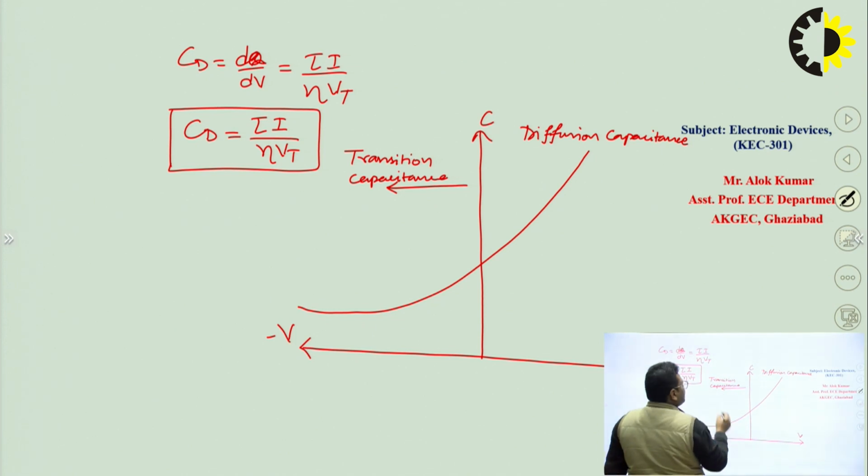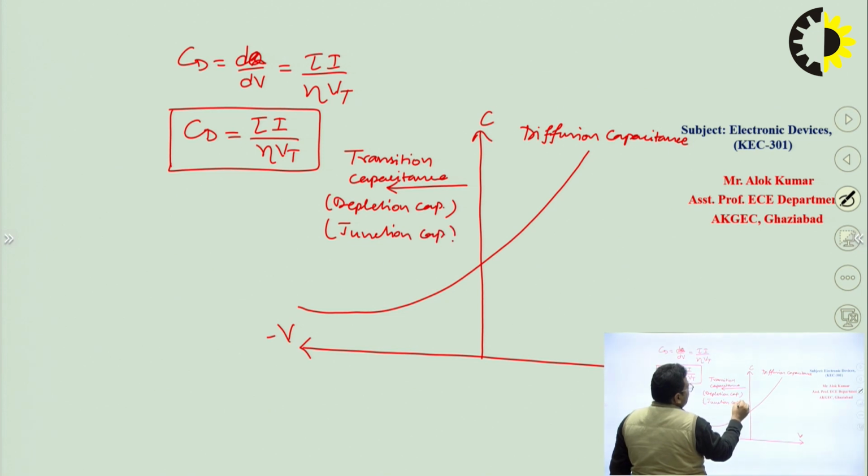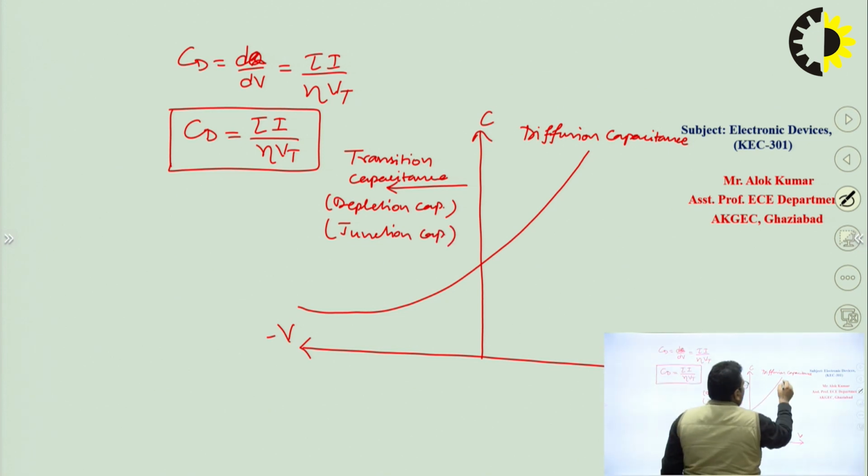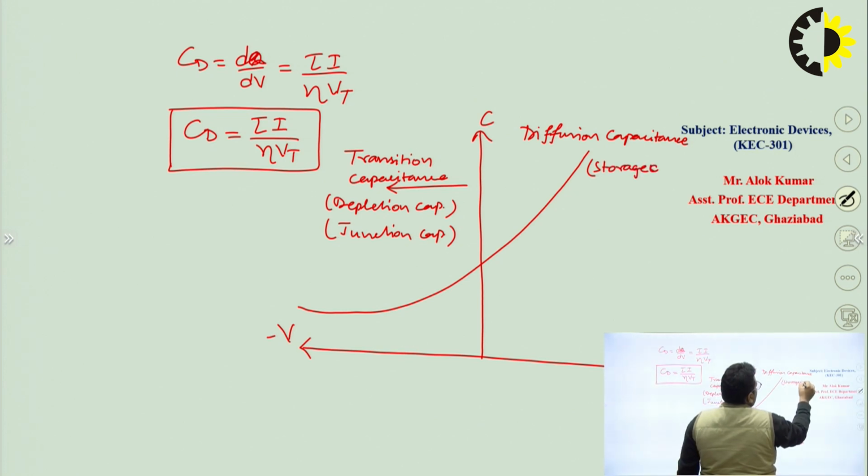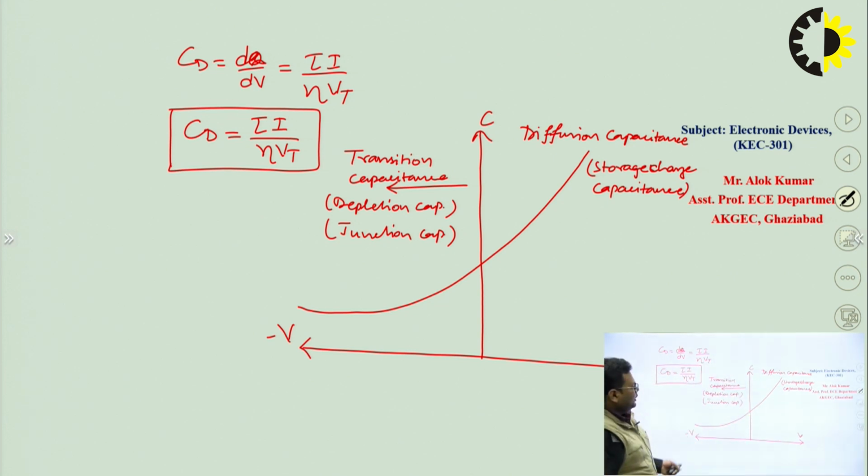This transition capacitance is also called depletion capacitance. It is also called junction capacitance. And this diffusion capacitance is also called storage charge capacitance. So this is the curve between the capacitance and the voltage.